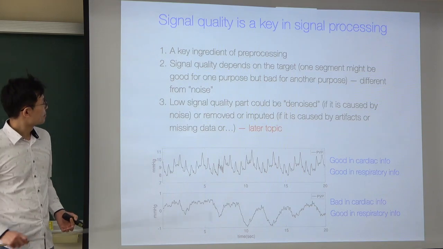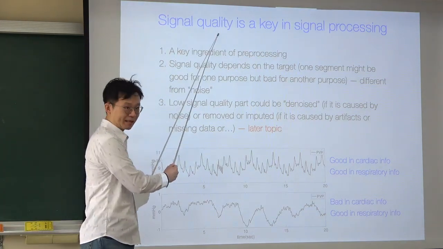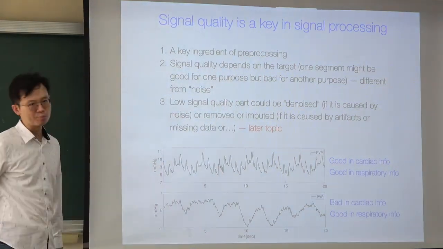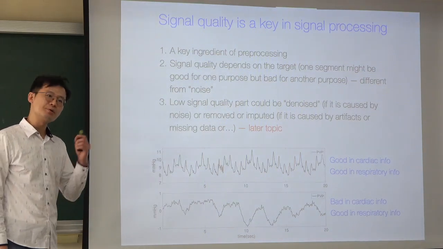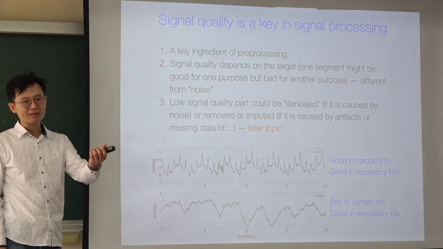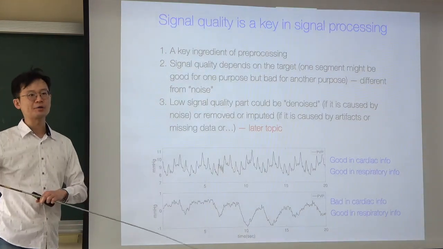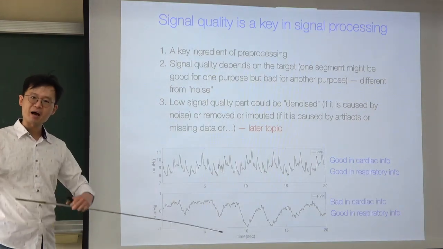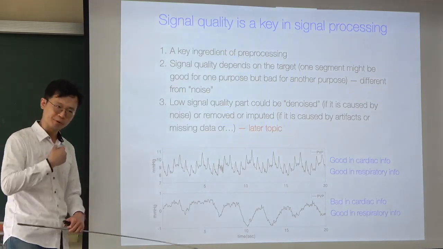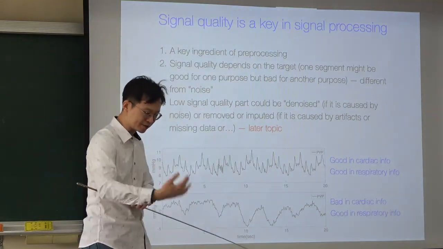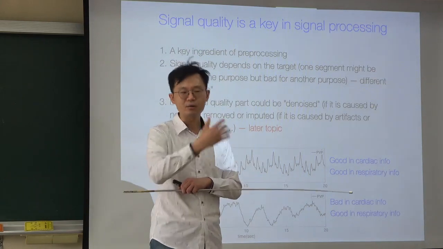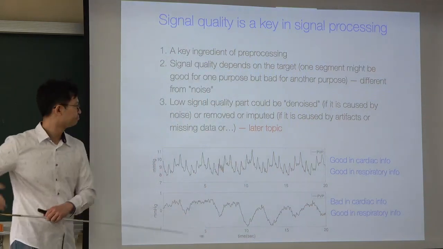And the signal quality is the key in this whole process. We need a way to quantify if a signal has sufficient quality for the mission you want to do. That's a very obvious thing, right? Because when we record data, there's always noise, there's always artifact, there's always some imperfectness.